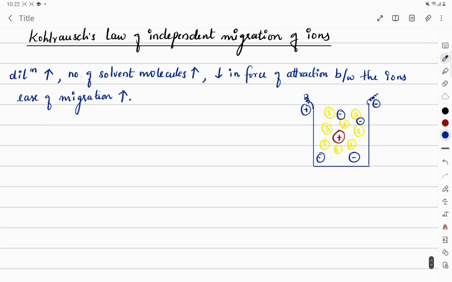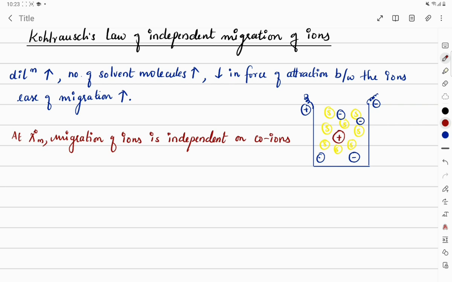So according to Kohlrausch's law, the migration of any ions is independent of coions because there is no force of attraction between them. This happens only at infinite dilution, so we have to mention it as lambda 0 m.